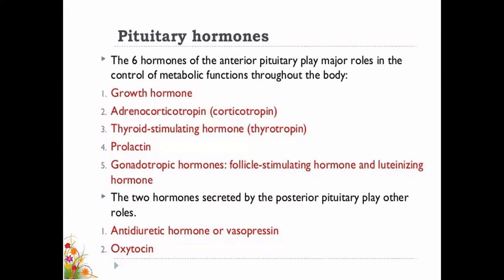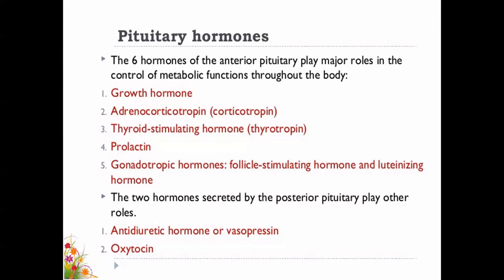So the last two hormones are posterior pituitary hormones. There are two types in the pituitary gland, anterior and posterior. Here you have to note one thing. The final two hormones are ADH, which can also be called vasopressin, and oxytocin.